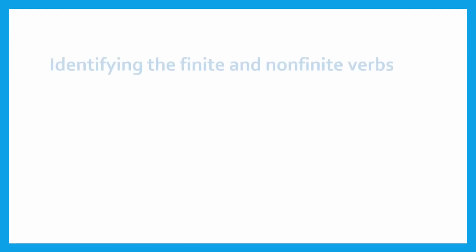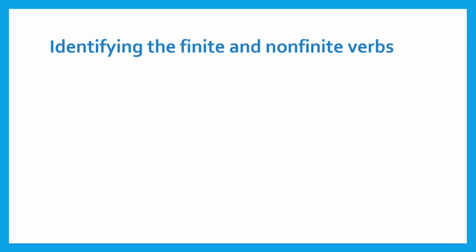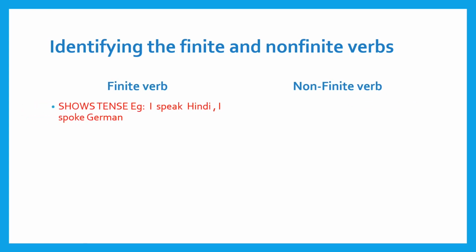Moving further, it's very important to learn to identify the verbs in their finite and non-finite forms. So let us understand identifying the finite and non-finite verbs. A finite verb shows tense. As I told you in the definition, they indicate a tense.